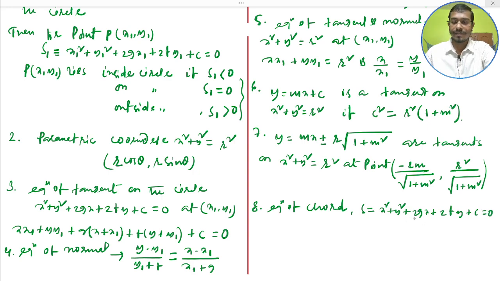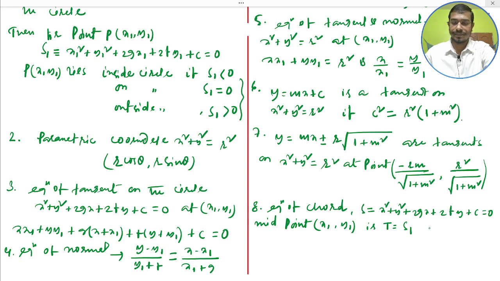This is the circle whose midpoint is x1, y1. The equation is T equal to S1. T means tangent.